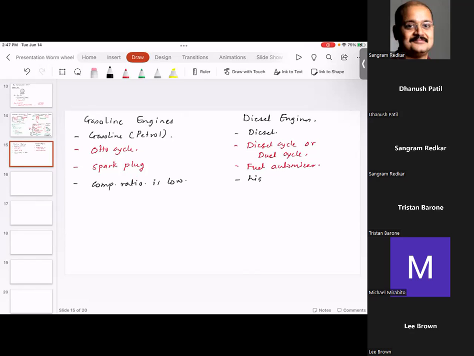You have high compression ratio. The efficiency is lower than the diesel. Efficiency higher than diesel.